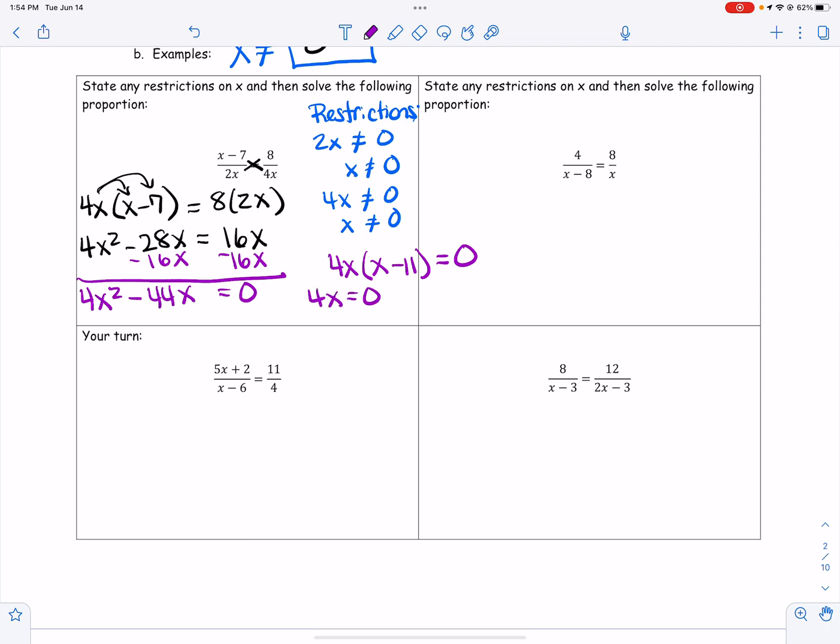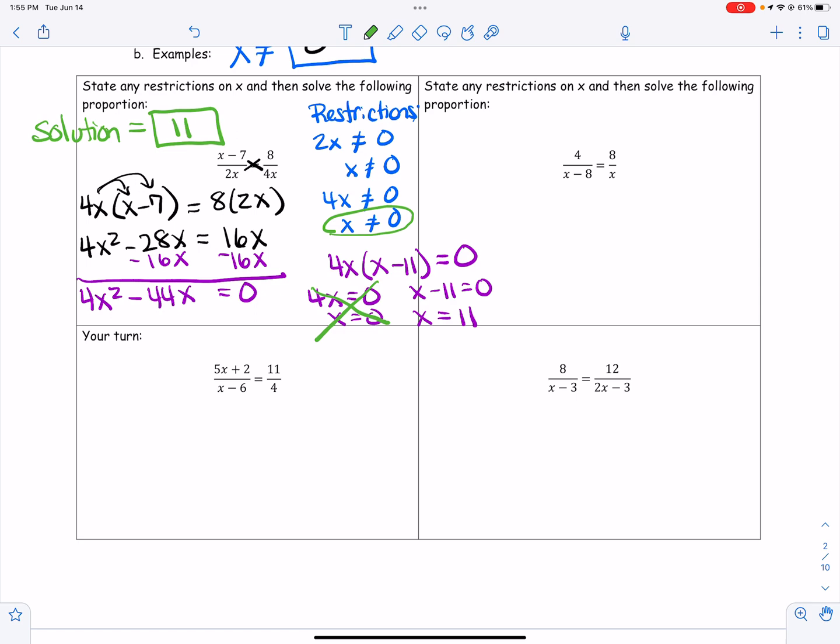Then I set each factor equal to 0, and I get x is 0 and x is positive 11. And here's where you have to stop and check. 0 was a restriction. It says that x cannot equal 0, so I have to throw out that solution. My solution is only the number 11. If you don't throw that solution out, you will get partial credit. It will be partially wrong because you didn't stop and check that answer.